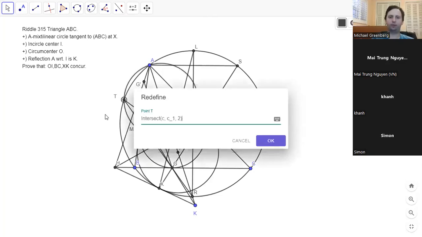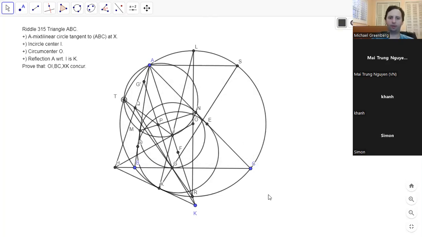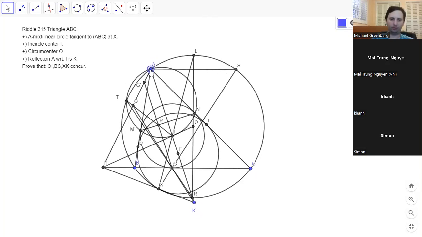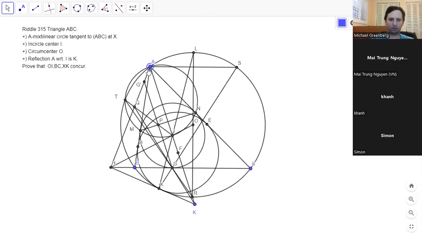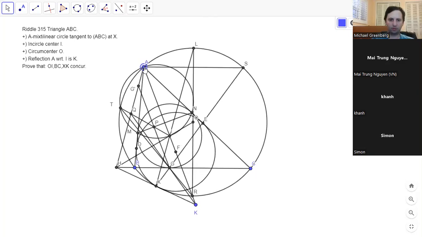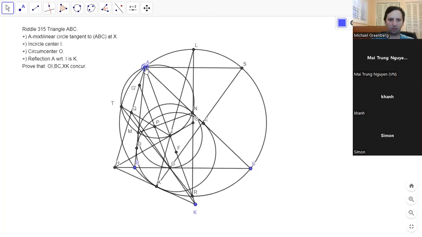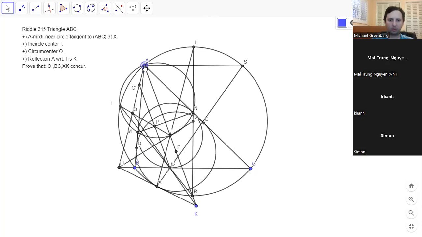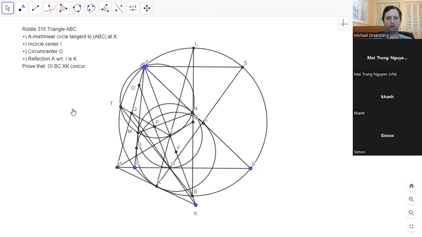And you can prove it using inversion and a couple other ways. And also T, G, and R are collinear. That's also part of the configuration.